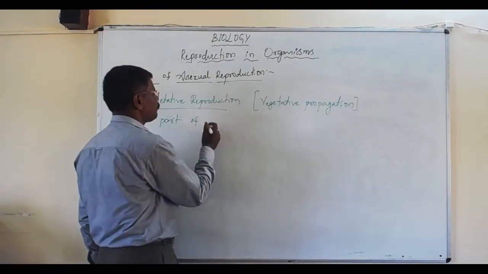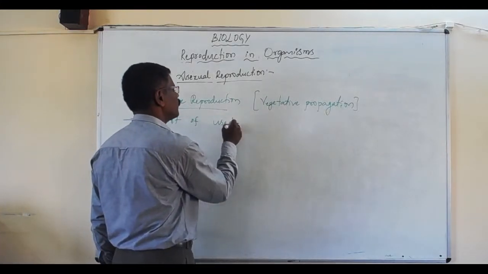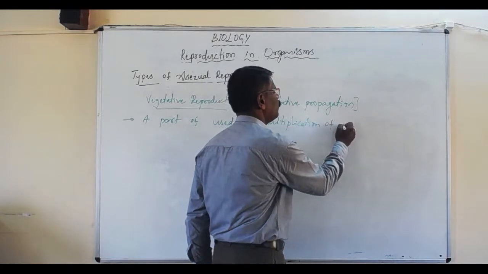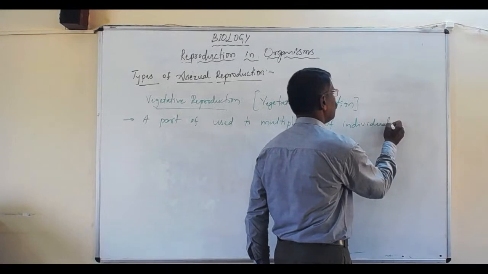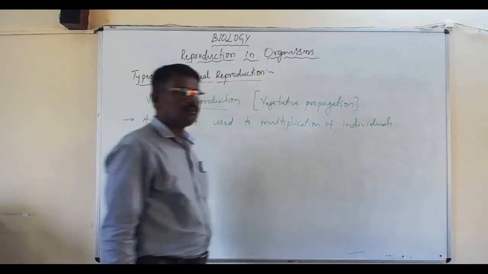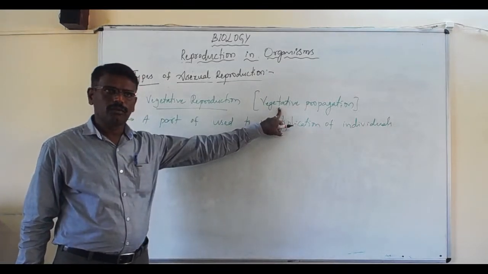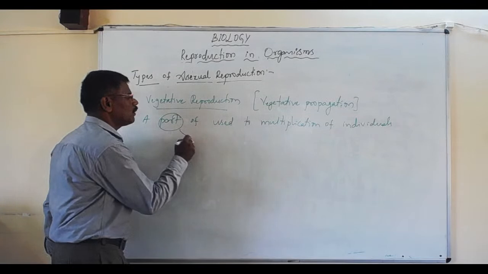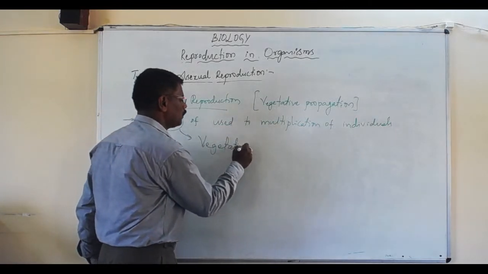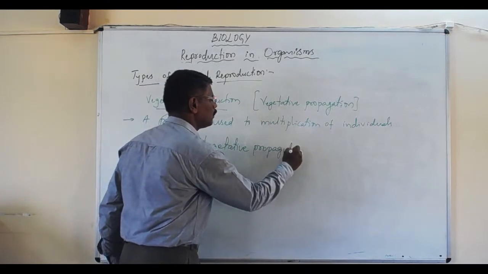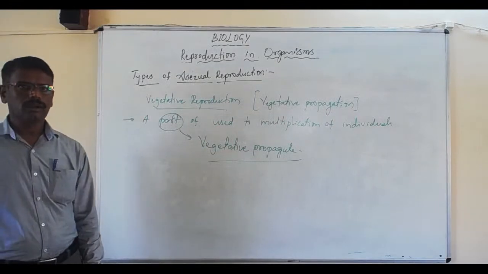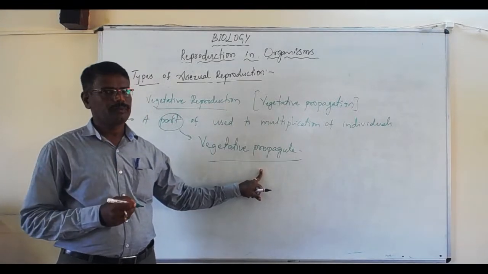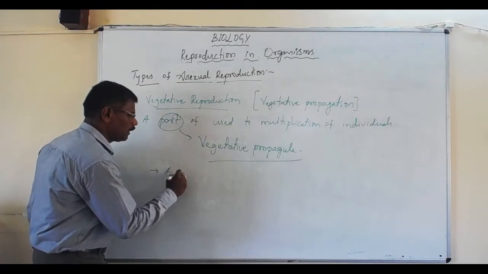A part of a plant used for multiplication of individuals, such a phenomenon is called vegetative propagation. Such a part is called a vegetative propagule. A vegetative propagule is a part of a plant with the capacity to produce a whole plant.